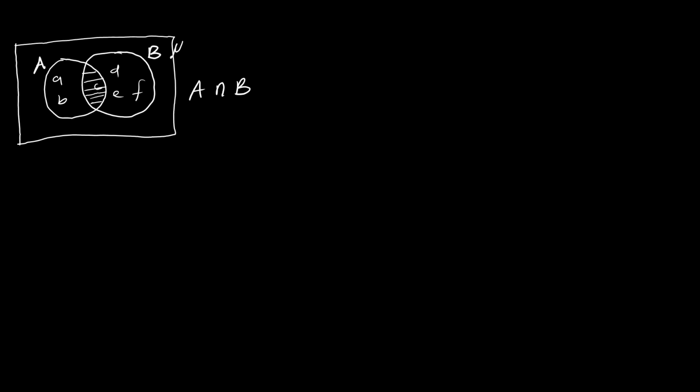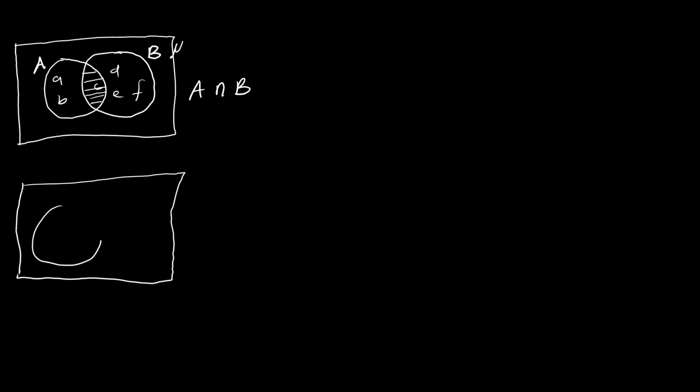Let's look at union. Okay, we have another Venn diagram, and again we have two sets, set A and set B. Since union is the set that consists of all the elements in both A and B, the union of these sets covers all elements that fall in this range.